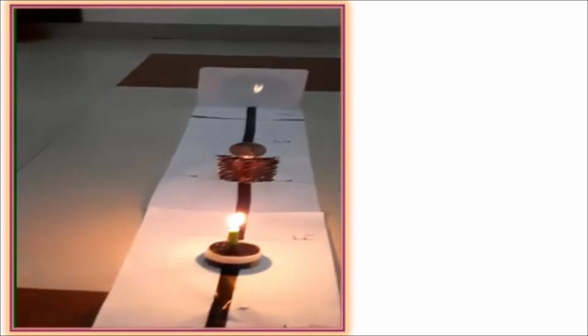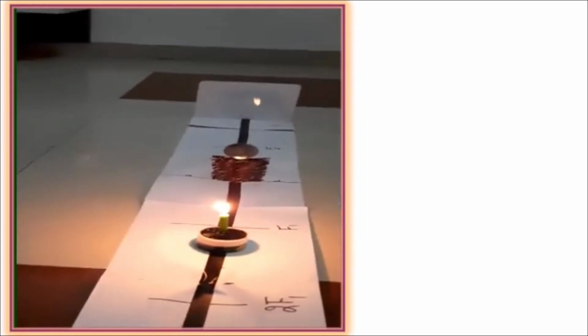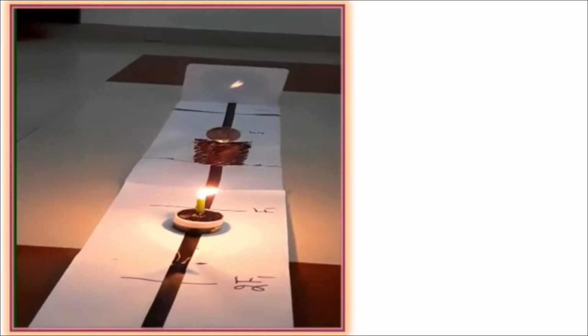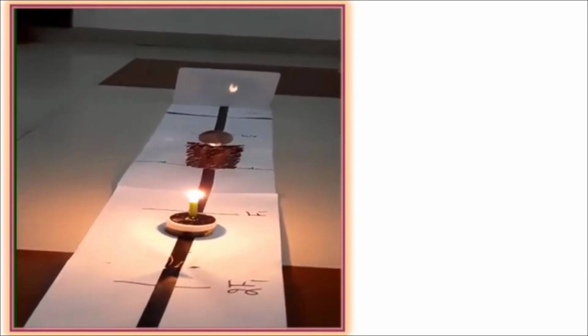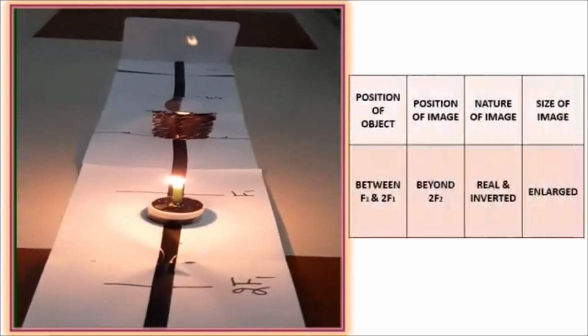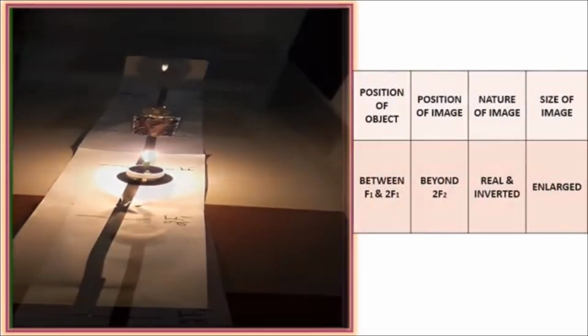So when our object is kept between f1 and 2f1, a real inverted and enlarged image is formed by the convex lens beyond 2f2. And a better view of the same in the dark. What a beautiful real inverted image being formed.